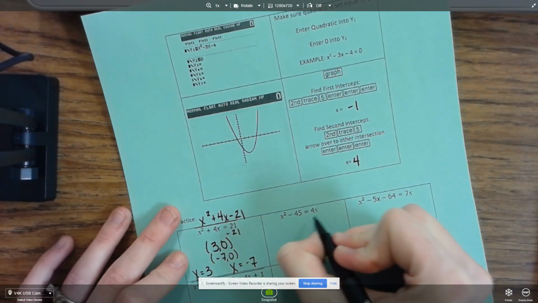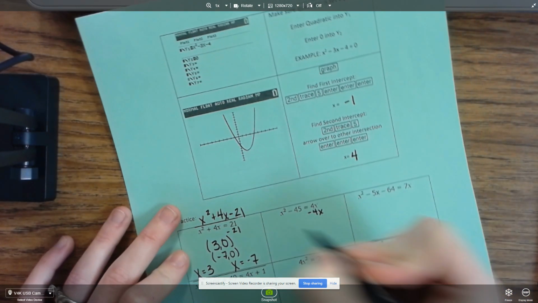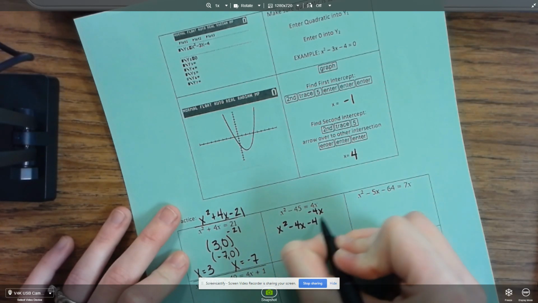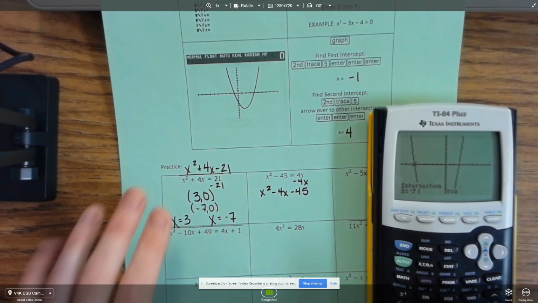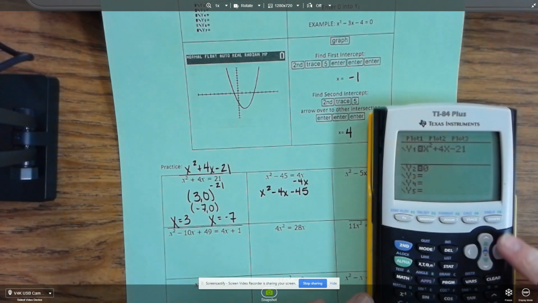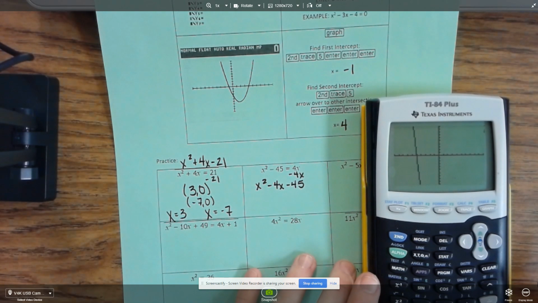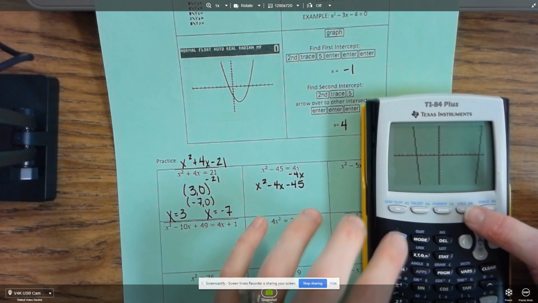All right, on this one, we've got to subtract 4x from each side. So we would have x squared minus 4x minus 45. And so I can still see both of my intercepts.